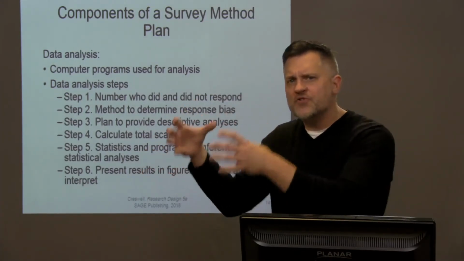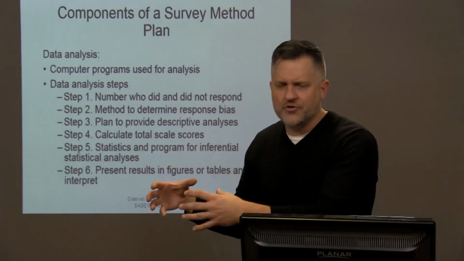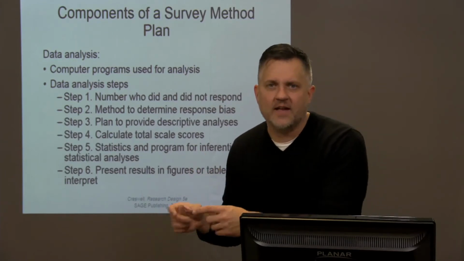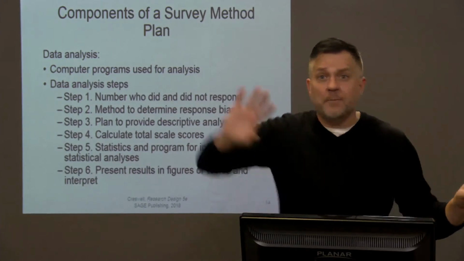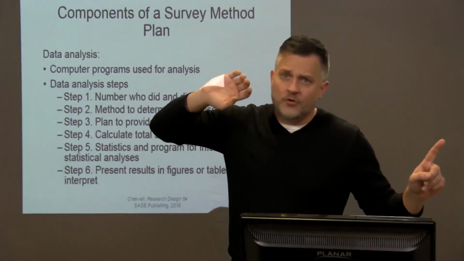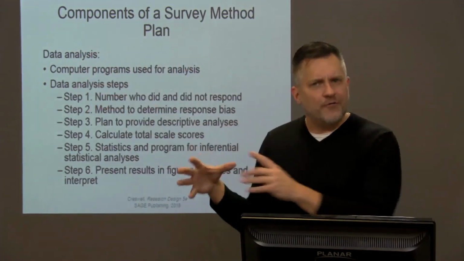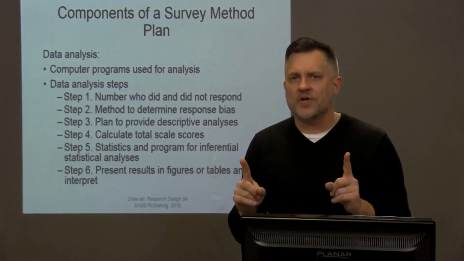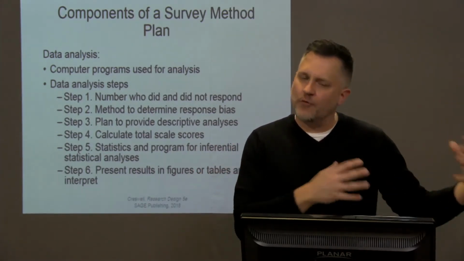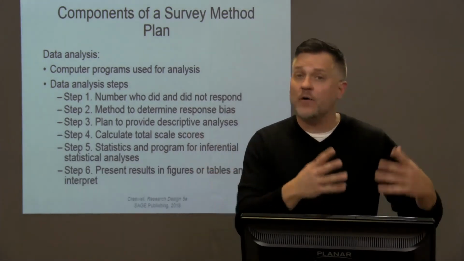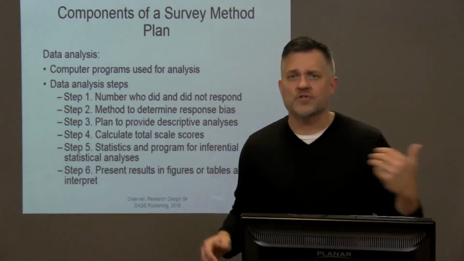So 20% of the stress that these people are feeling, I think it was nurses in the emergency room, can be related back to the number of hours that they work. Now 80% is something else. It could be the trauma they see, it could be family life, it could be any number of things. They're feeling stressed for a number of reasons, not just one, and you're trying to figure out what can comprise that. If we have an r-squared value of 0.2, 20% of the stress they're feeling is a result of the hours worked.